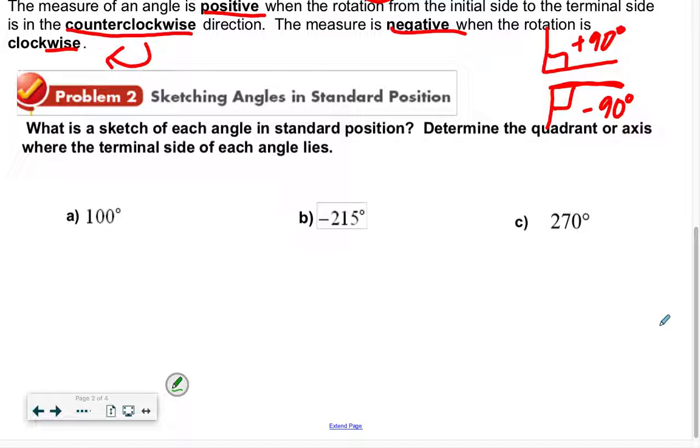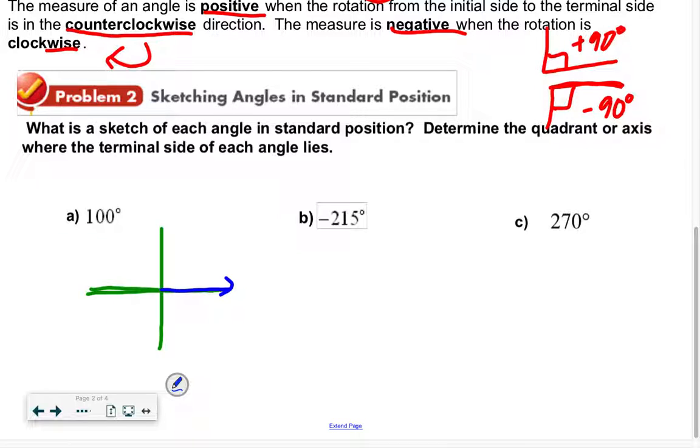First one, 100 degrees. The way I like to do this is to always start with just a plain axis. You've got your X and Y, just standard. If this is my starting ray, this is always where I start, my positive X, I need to go 100 degrees from there.